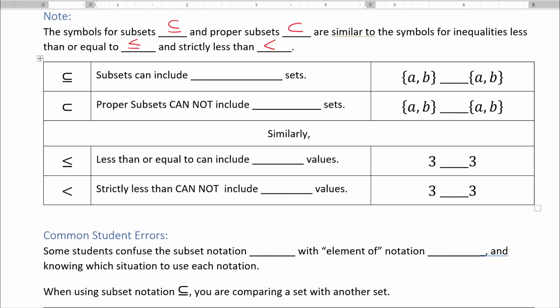If that helps you remember, subsets are allowed to be equal to each other because the line underneath kind of says equal to. But proper subsets are kind of like strictly less than, where it can't be equal to it. So subsets can include equal sets, whereas proper subsets cannot include equal sets.